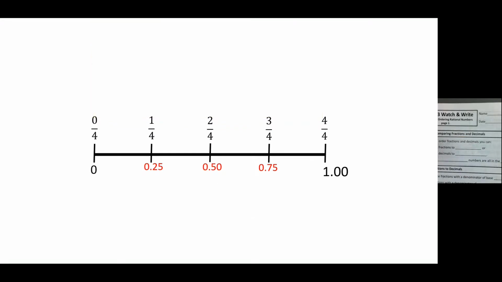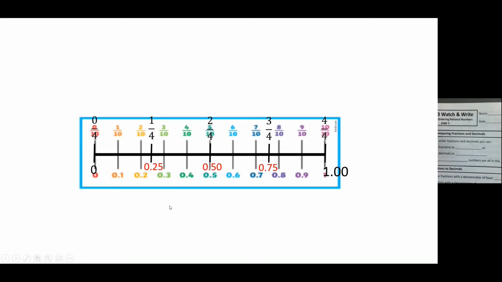Okay, so look where these decimals and fractions land on the other number line if we bring back the tenths. Okay, there it is. Now you see the number line with the tenths with the number line with the quarters or the fourths. Notice where 0.25 lands in the decimals.